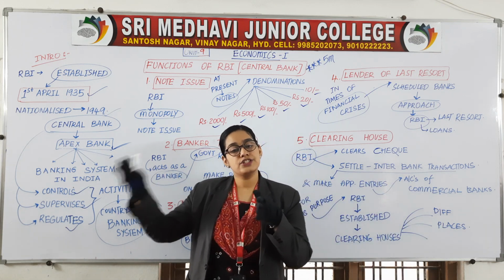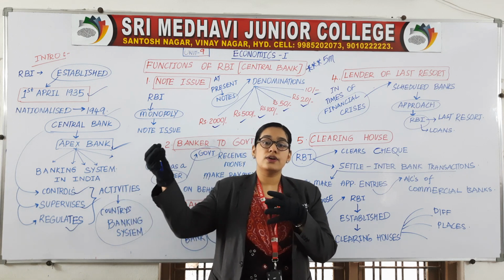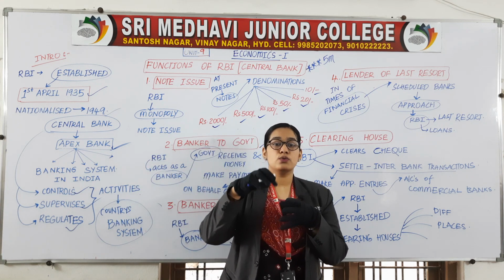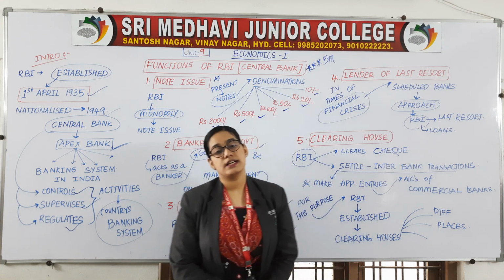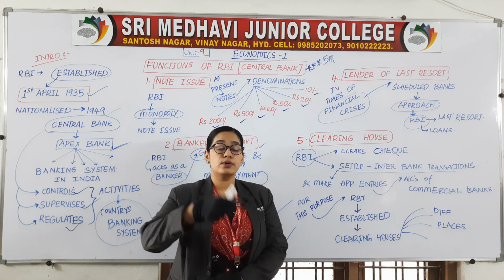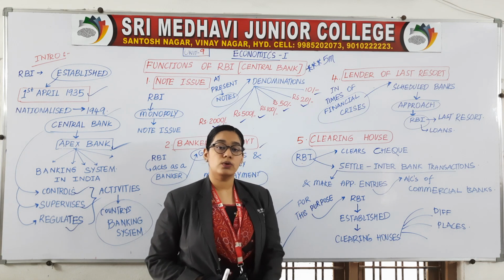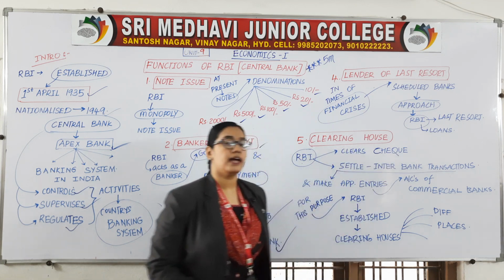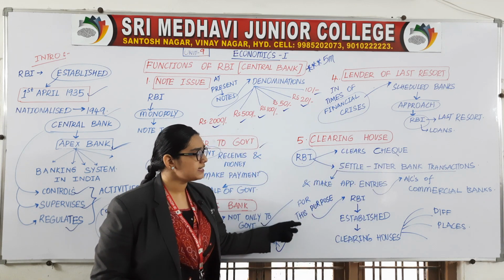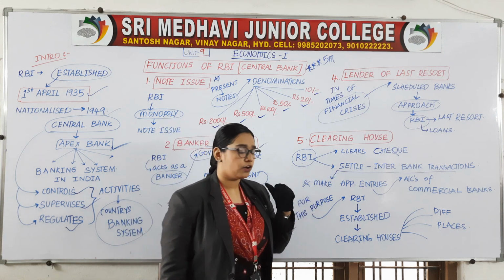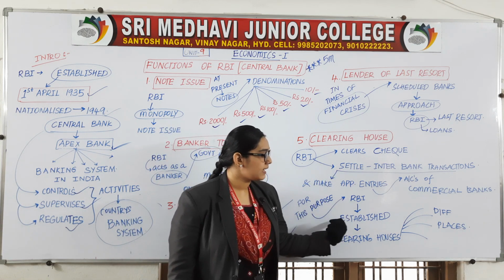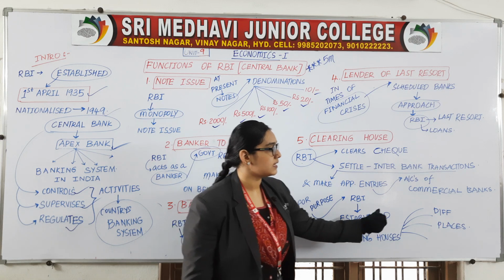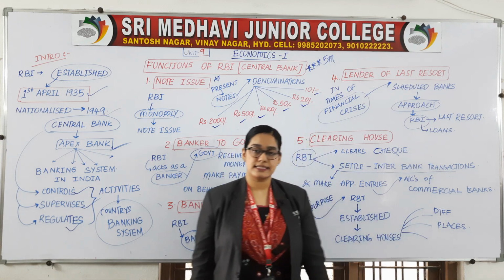After all this procedure is done, your check will be converted into money and deposited into your bank. So who is doing this clearing work? RBI. So RBI acts as a clearing house. For the purpose of clearing checks, RBI has established clearing houses at different places.